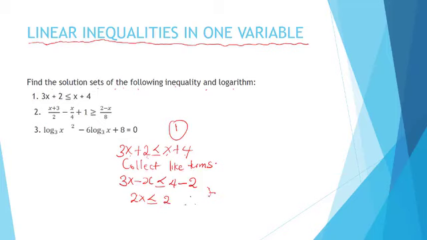So we now have x less than or equal to 2 over 2, which is equal to 1. So from this expression, when you solve this inequality, 3x plus 2 is less than or equal to x plus 4, the value of our x is equal to 1.